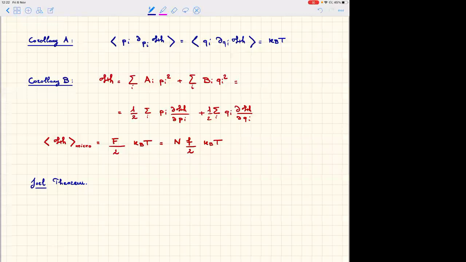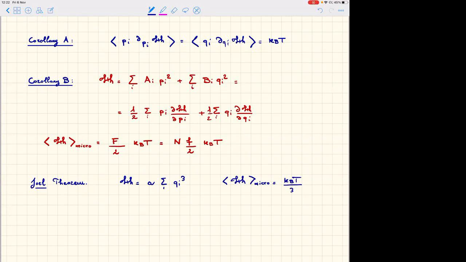And Joel Theorem tells me the following: if your Hamiltonian is a constant times the sum over i of q_i cubed, then the average microcanonical energy is, of course, equal to kBT divided by 3, right?